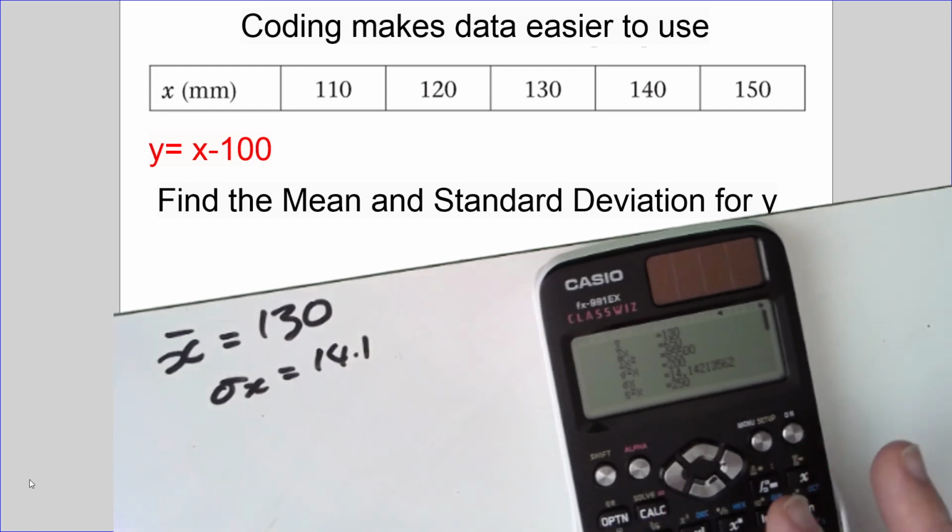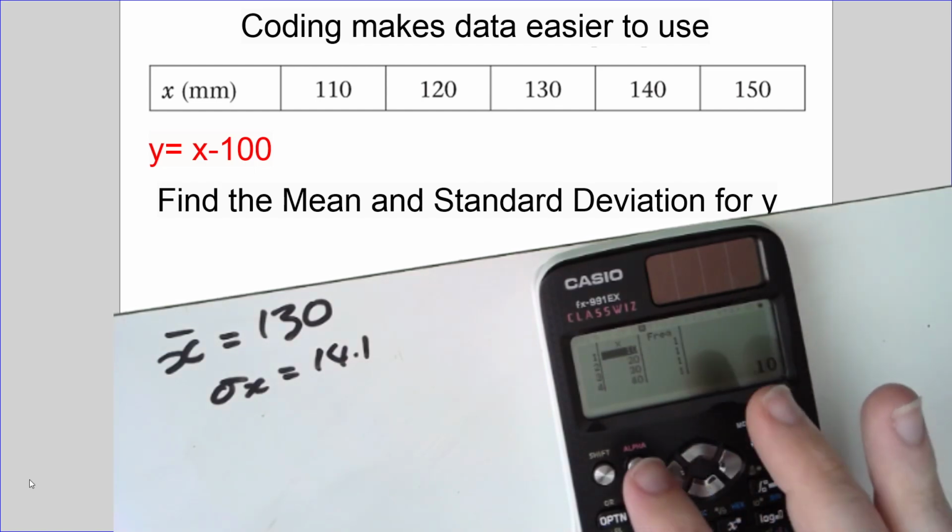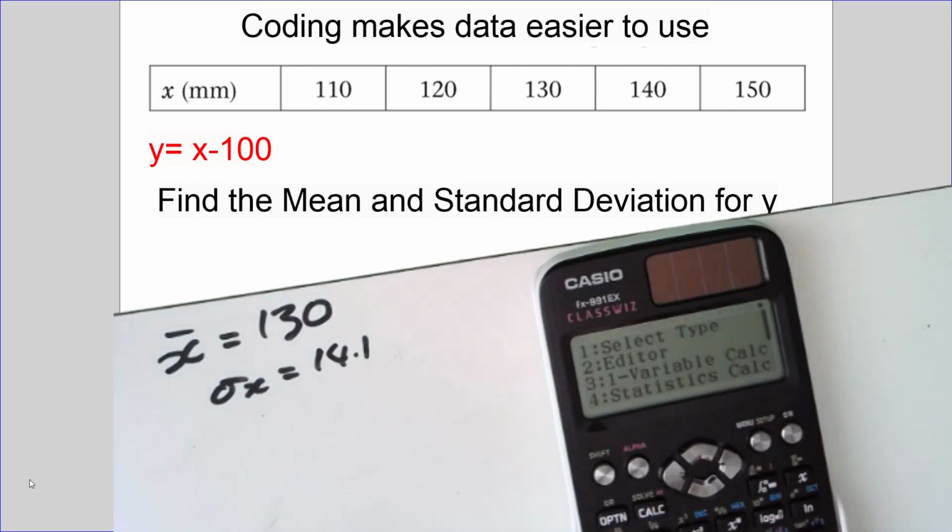So if I go back to my table and change these to 10, 20, 30, 40, 50, and I rerun this calculation, option one variable calculations.